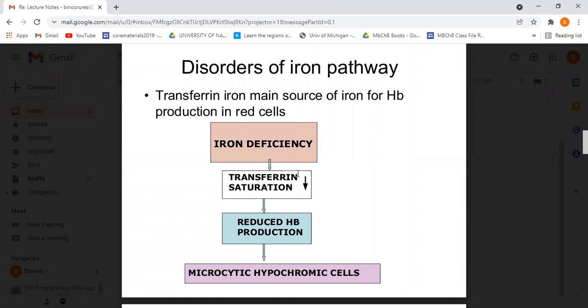So in iron deficiency, what you have is reduced transferrin saturation because you're not able to transport the iron, it's not enough. So you have reduced hemoglobin production. You have a microcytic hypochromic anemia. That's how the process occurs. So it's just the transferring of the iron from the absorbed form, that's the Fe2+, into the iron that's required for the formation of the hemoglobin. Next slide.